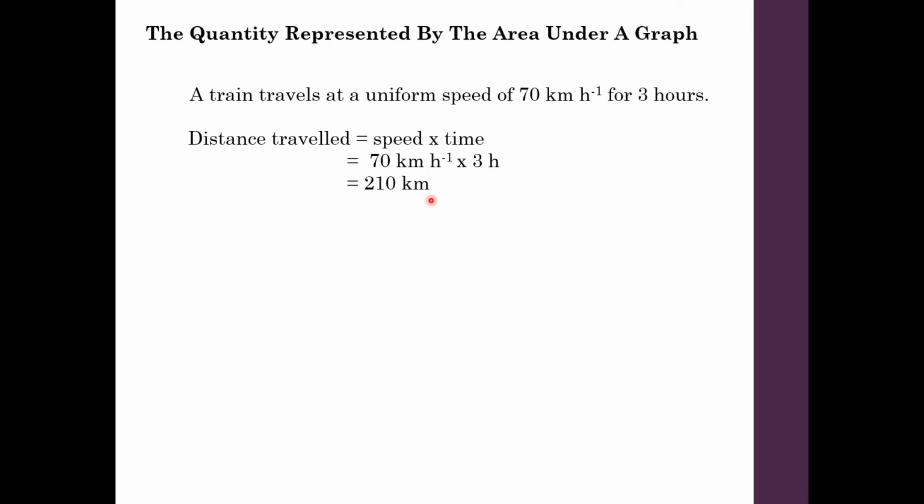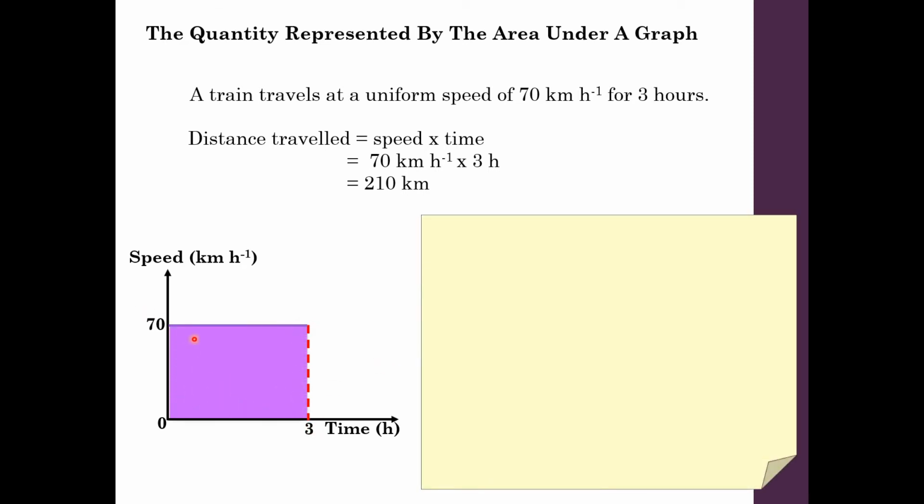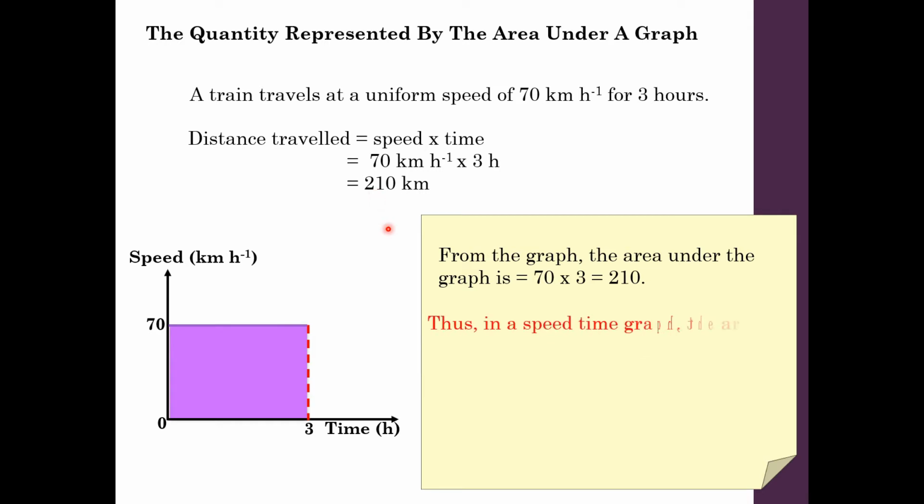and so we get the distance is 210 km. Alright, so if we represent this situation in a speed-time graph, we will get this kind of graph in which the speed is constant for 3 hours. If you find the area under this graph, the purple area here, this is a rectangle, so the area will be 70 times 3, which is 210, and 210 is actually equal to the distance as we already calculated before.